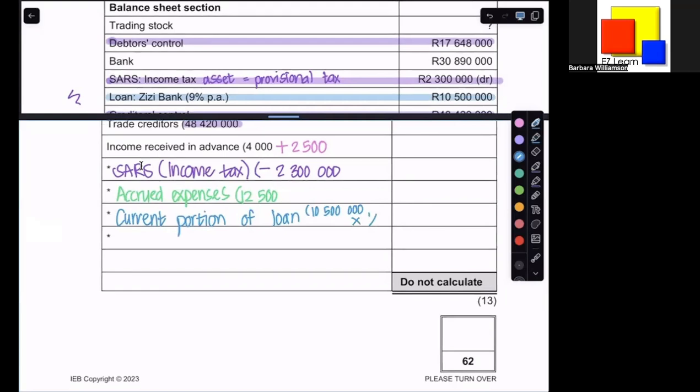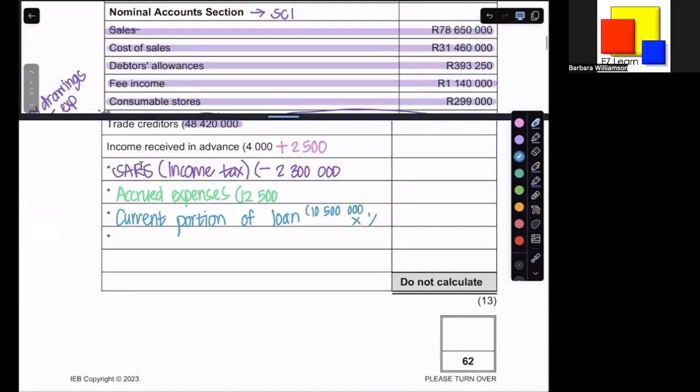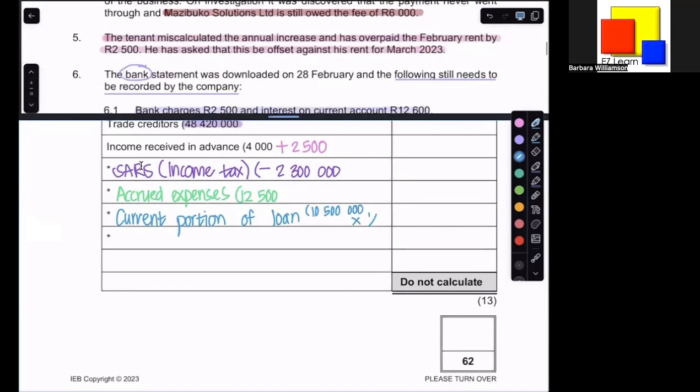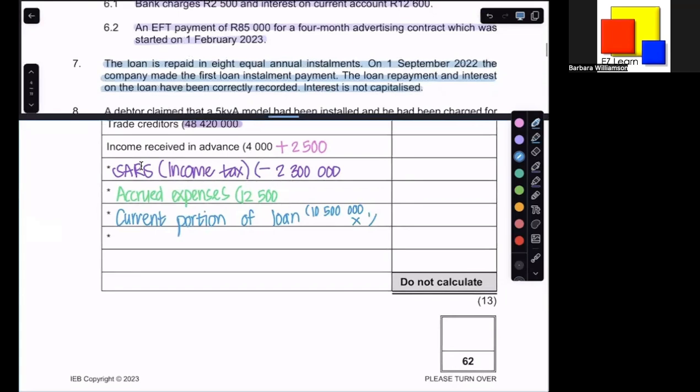Yes, it's 8 annual installments, but one of those has already been made. Look carefully at the wording. On the 1st of September 2022, the first loan installment was made. So that means that there are only 7 installments that still need to be made. And so you'd need to work out the current portion as just 1/7, not 1/8 of the total loan amount.